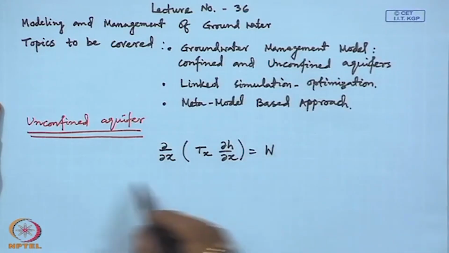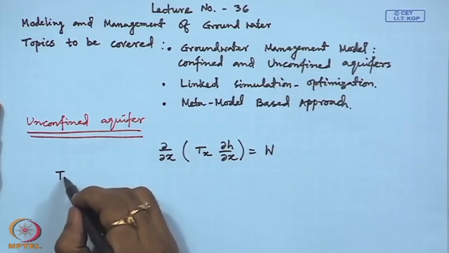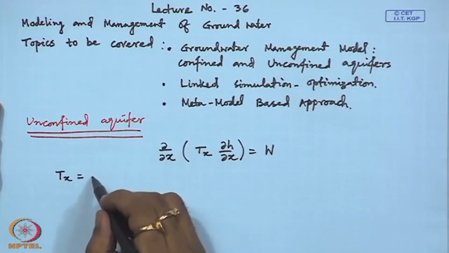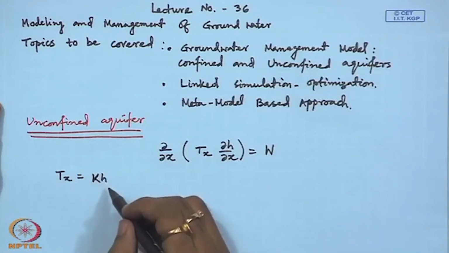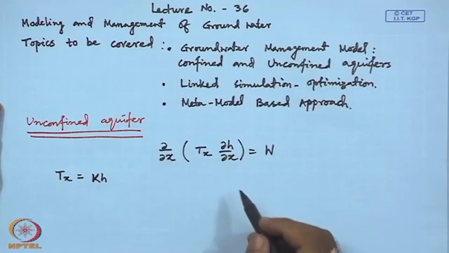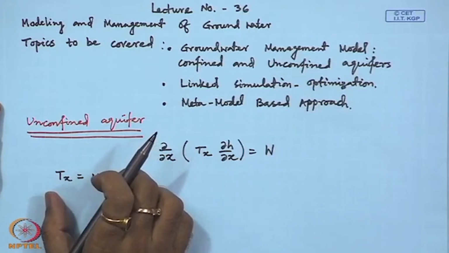In this one, T x can be written as K H, where K is the hydraulic conductivity and H is the hydraulic head.